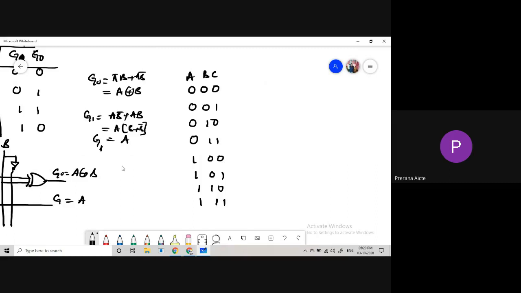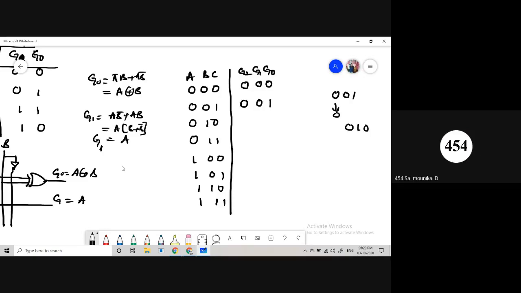How many outputs are formed? 3: G0, G1, G2. So what is the gray code representation of 3 zeros? 0, 0, 0 only. Then for 0, 0, 1: 0, 0, 1 only. Then for 0, 1, 0: 0, 1, 1.